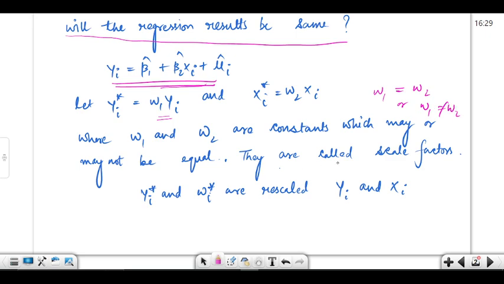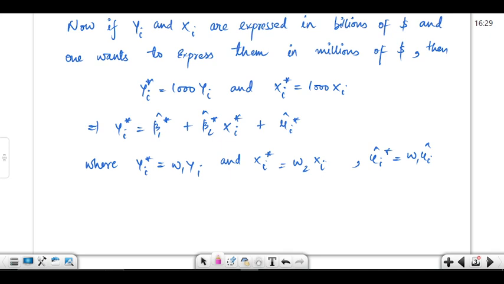They are called scale factors. You are changing the scale of yi by w1 and of xi by w2. So yi star and xi star are your rescaled yi and xi. Now we'll see this by an example.